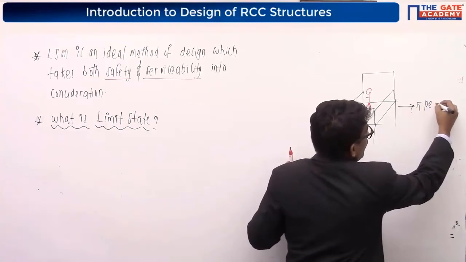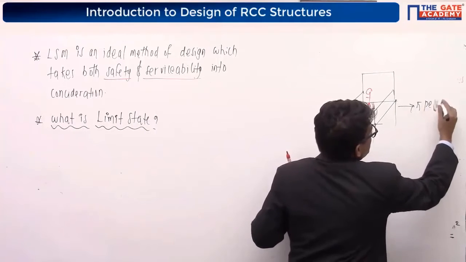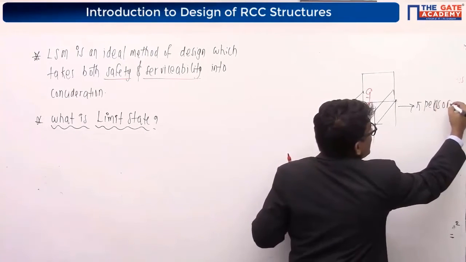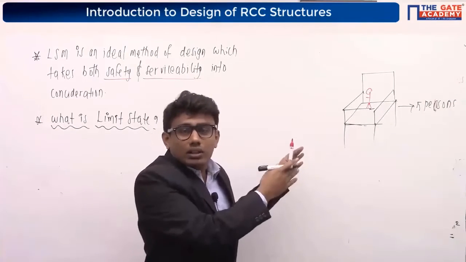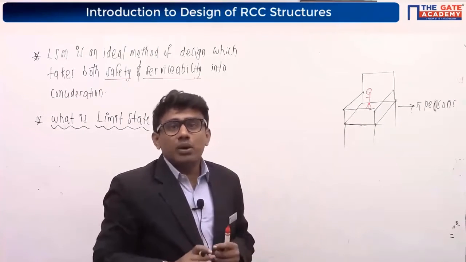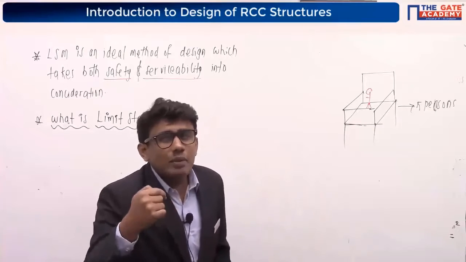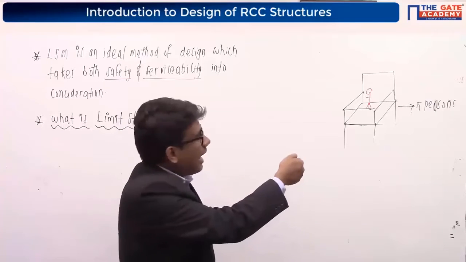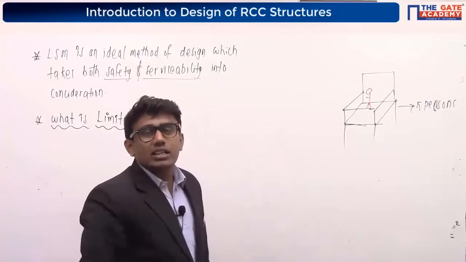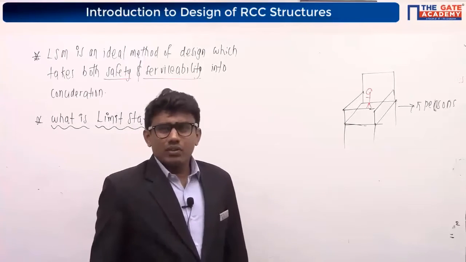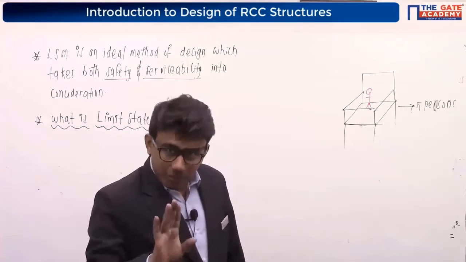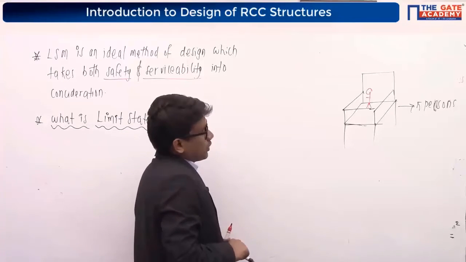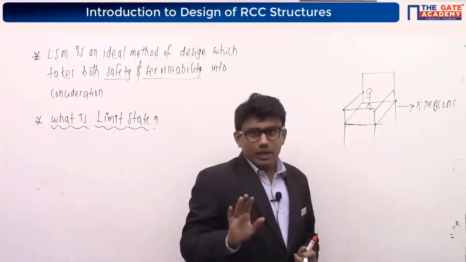We are limiting the load which can be allowed on this chair to 5 persons' load. That means we are limiting the loads which can act on this chair. We are limiting something. Keep this thing in your mind.